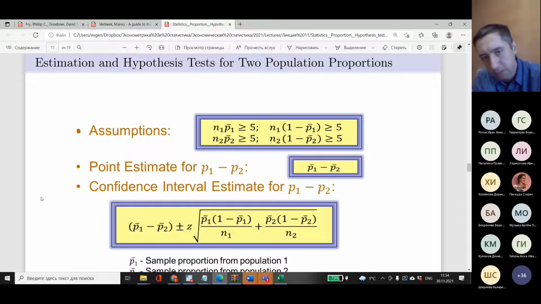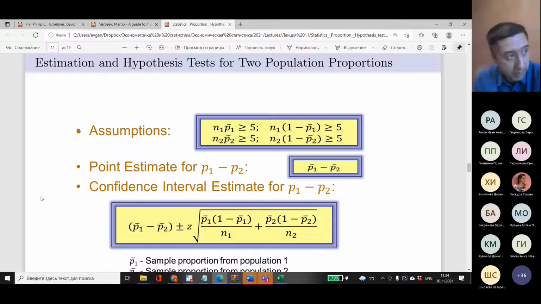What does it mean that our sample is sufficiently large? It means that the number of successes, if we deal with a one sample test, cannot be smaller than 5. So 5 is a minimum number of successes.